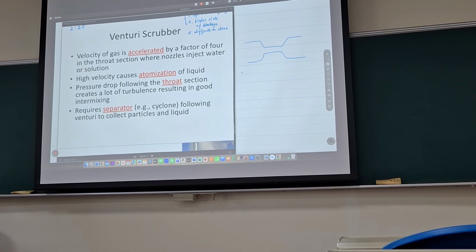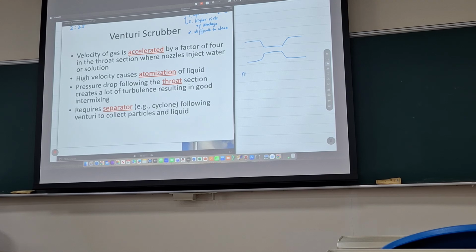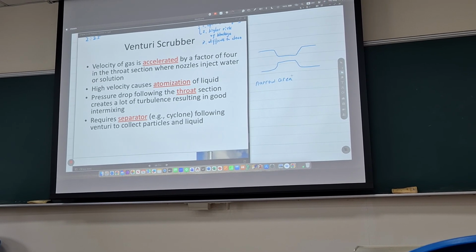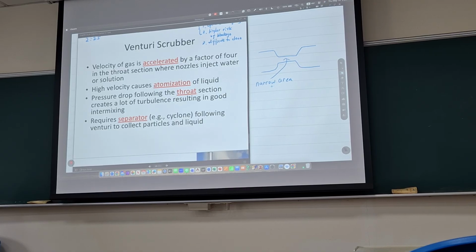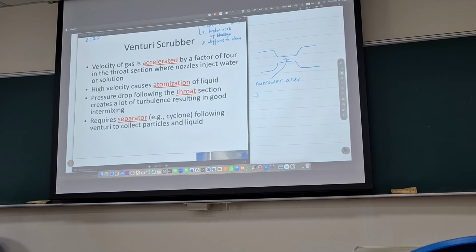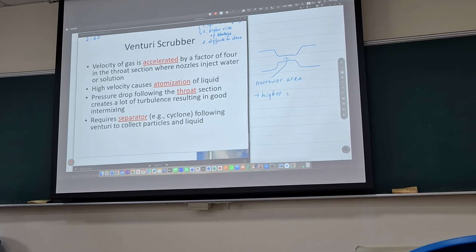The narrower the area, the higher the velocity, and the lower the pressure.